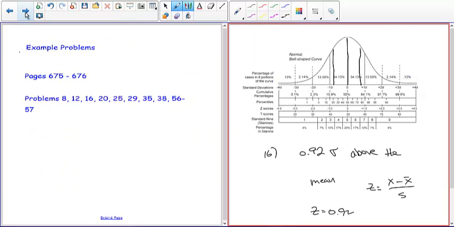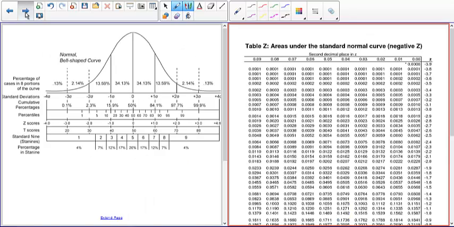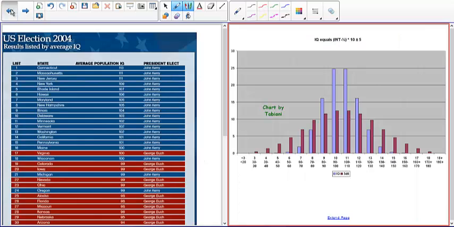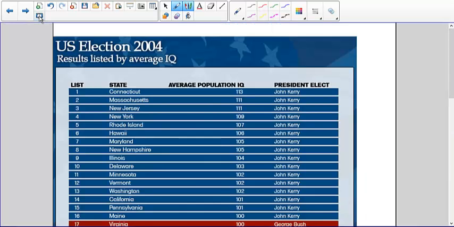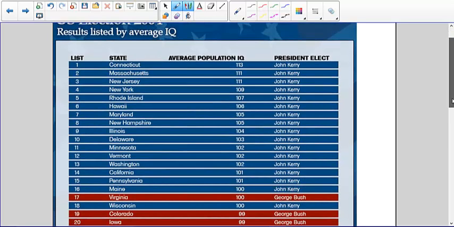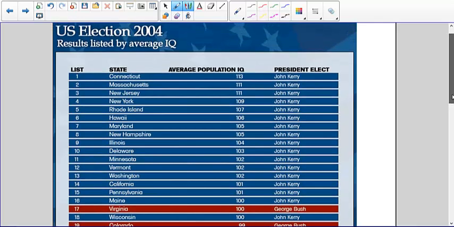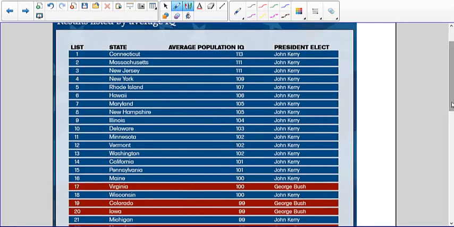I'm going to show you a graph here. There's a lot of statistics around, and this was something that I think I found last fall, when Trump was being elected or something like that. U.S. elections 2004. This is actually older data. Results listed by average IQ. There's a couple of interesting comments here.